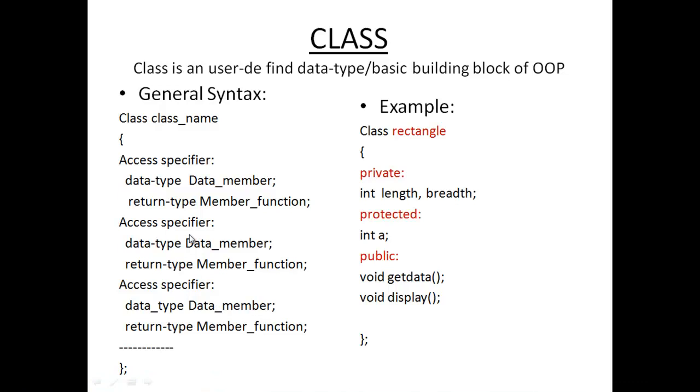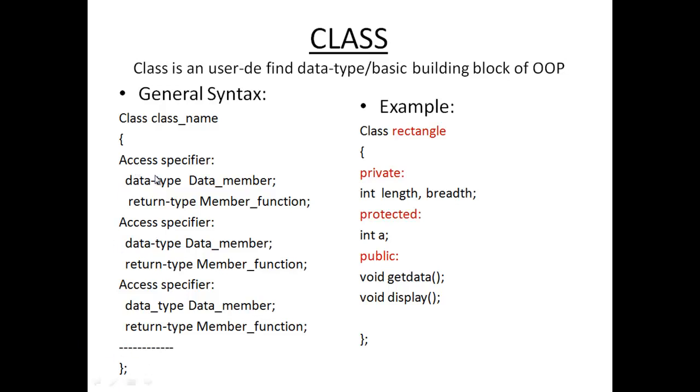Okay, after declaring the data members and member functions, which brace is open, this brace is closed. Okay, and after closing the brace, put the semicolon. This semicolon identifies the end of the class.